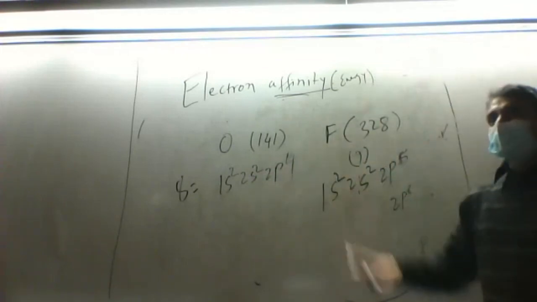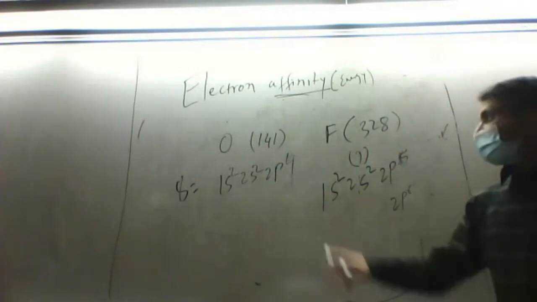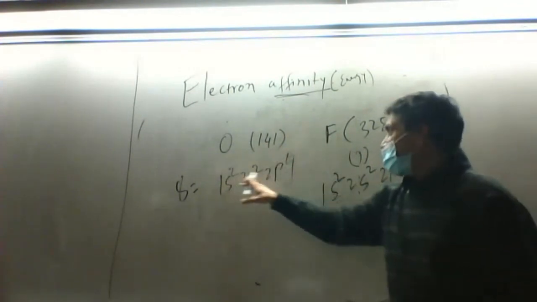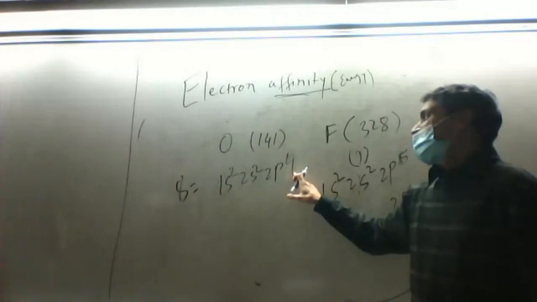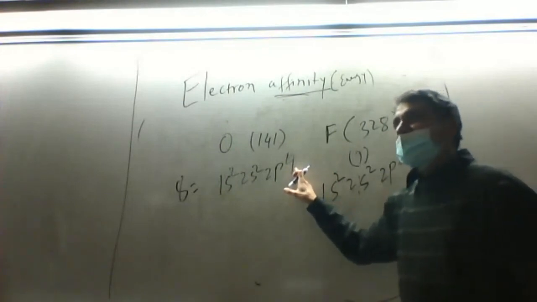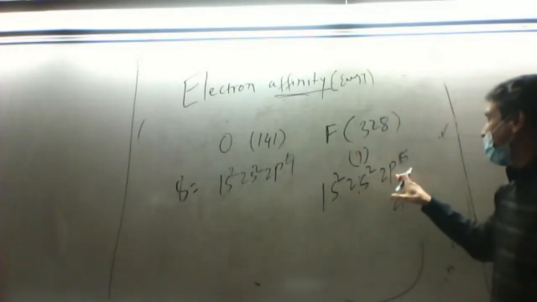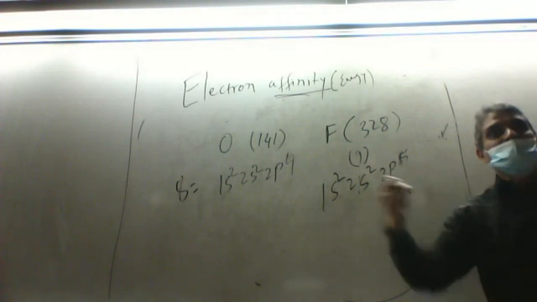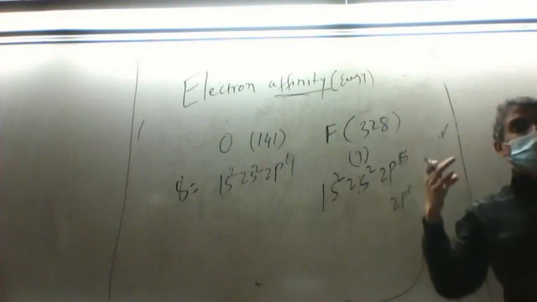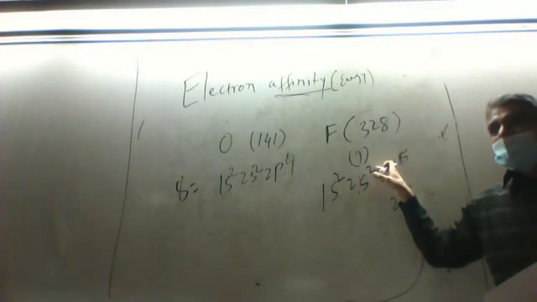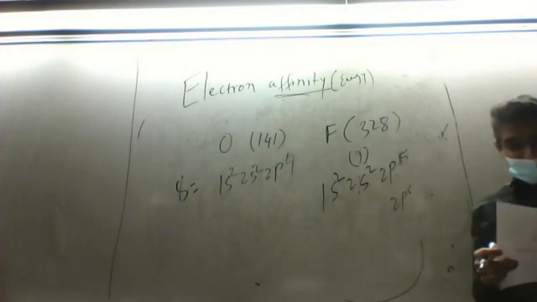So this is very electron hungry compared to oxygen. Why? Because in oxygen you have a 2p4, so even if you take one electron, it's not going to be fully filled. But here, if you take one electron, it's going to be fully filled. So this is more prone to attract the incoming electron, so it has a very high electron affinity value. Make sense? Yeah. So this is the anomaly.